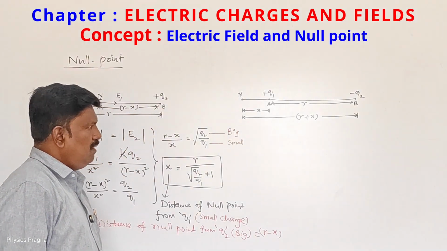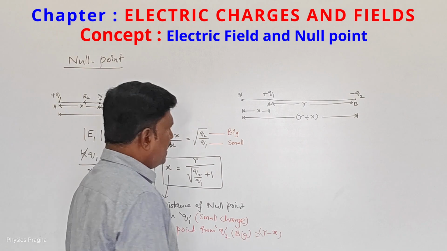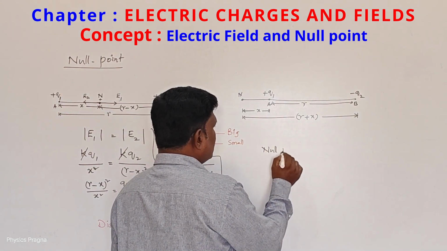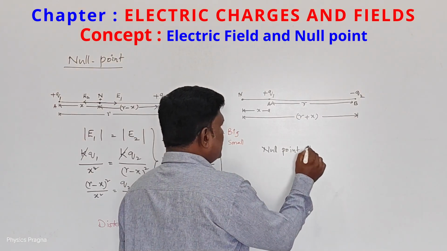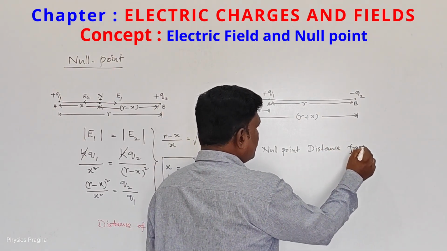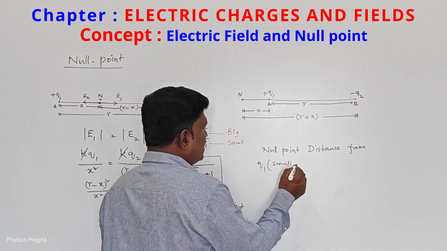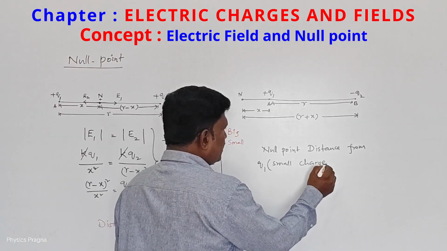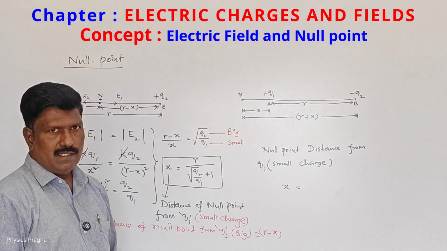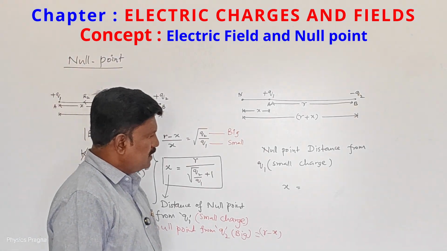So I won't derive the formula once again for this. You just remember like this: the null point distance from Q1, that is the small charge, X is equal to this relation. If you remember it, so easily with lightning speed you can answer the questions and solve them.